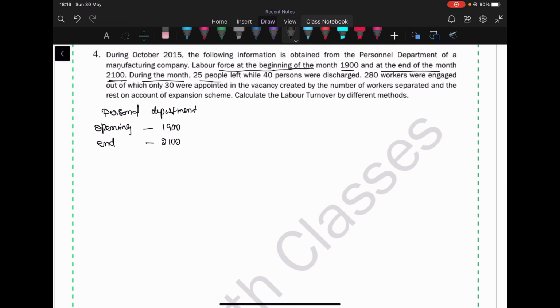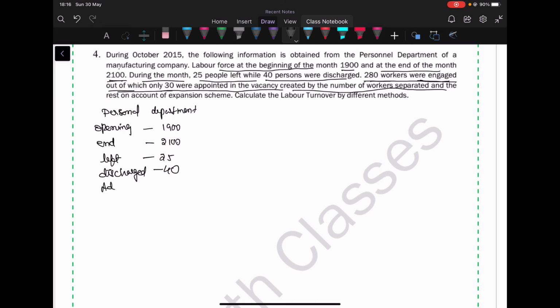During the month 25 employees left, 40 persons discharged. 280 workers were engaged, out of which only 30 were appointed in the vacancy created by the number of workers separated.